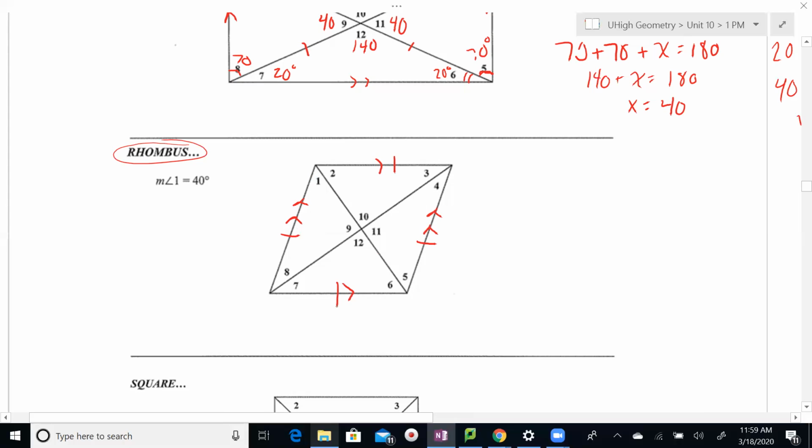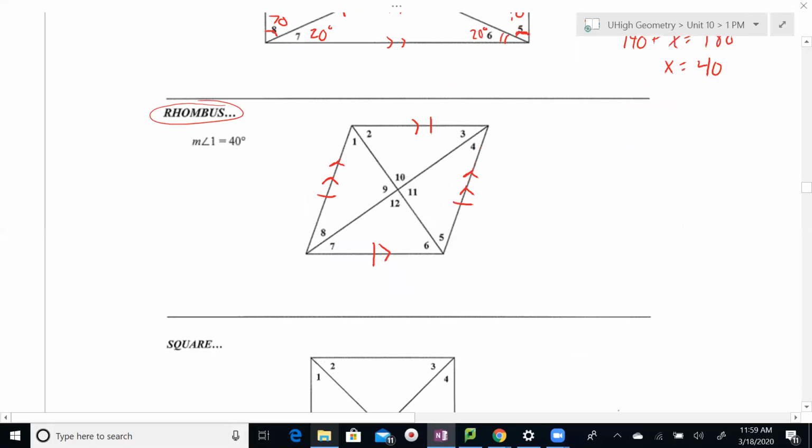Awesome. So if I know that the measure of angle 1 is 40 degrees, then what else do I know? Well, again, I could look at my alternate interior angles theorem and see that the measure of angle 5 would also have to be 40 degrees.